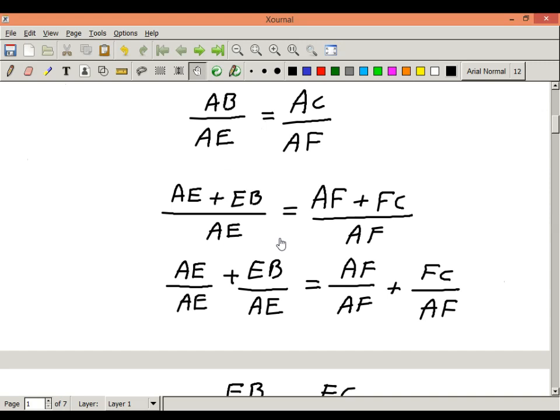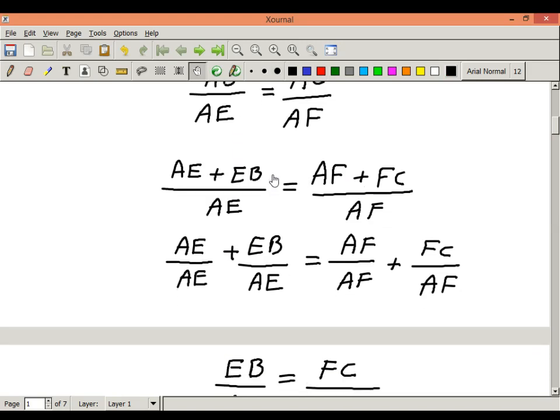Okay, then these denominators here are just the same as the step above. Then what I did here is I broke up these two fractions into two each. So I just rewrote the left side as two fractions, and I rewrote the right side as two fractions. Just property of fractions there. And then notice that this fraction is equal to 1 because it's AE divided by AE.